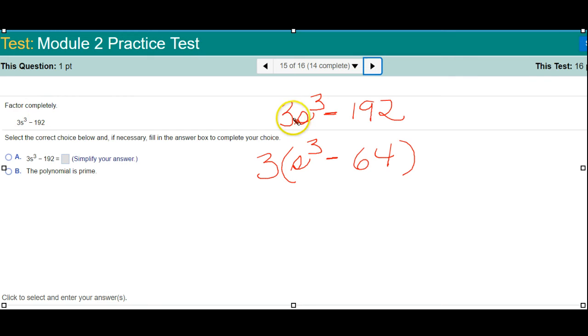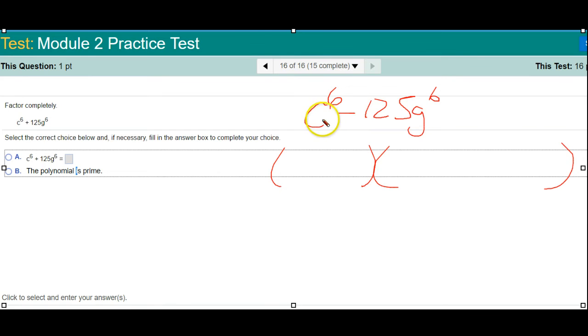Well, this is divisible by 3, and this is divisible by 3. So once you get this, then you're going to use that recipe for factoring the difference of perfect cubes. This sign goes here, opposite sign there, and then you follow the pattern.